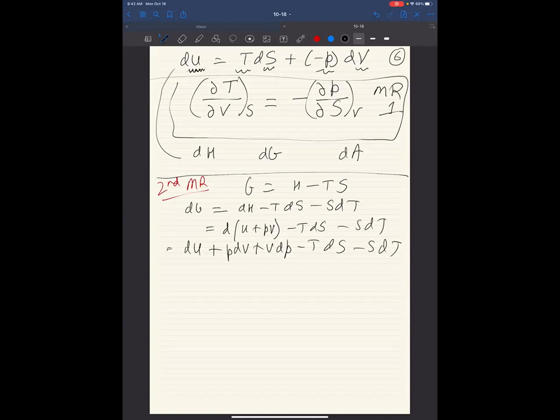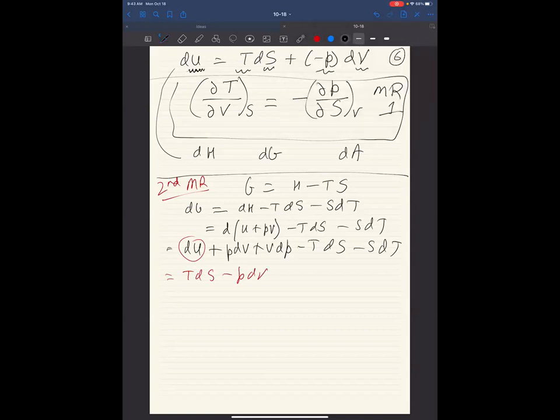I haven't said that yet. I want to be very general. Use the integrated first and second law. What does that tell us about dU? It tells us that dU is TdS minus PdV, right?